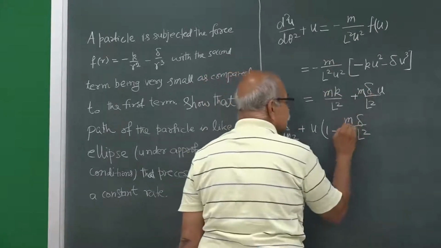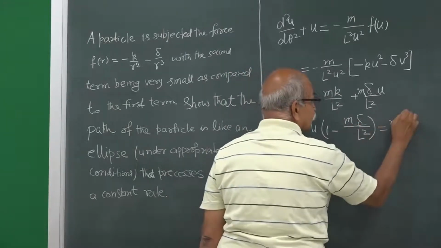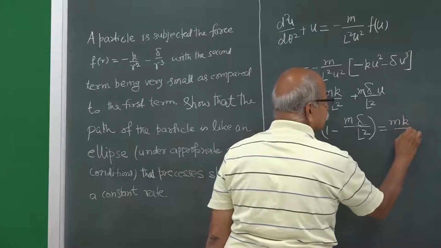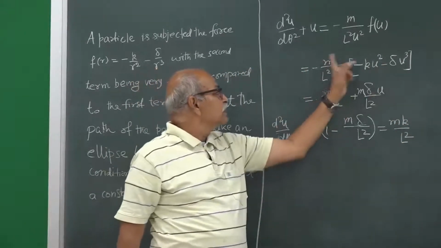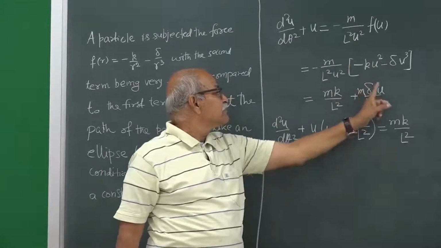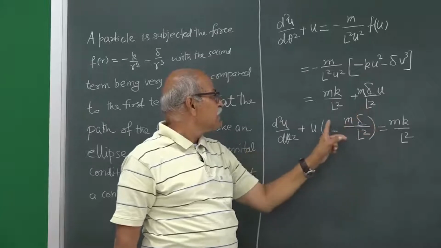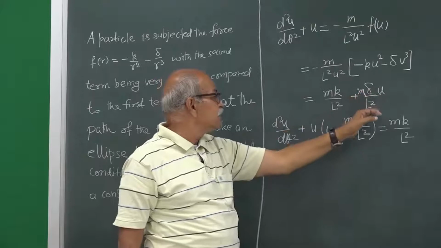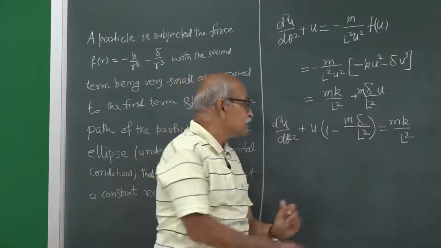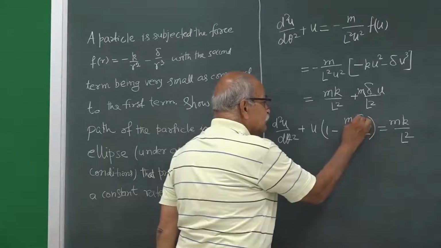So, m here, and this is equal to m k over L square, right. So, if you open this, you will have m times delta and then u and divide by L square, and u taking common, this is 1 here and minus m delta by L square here, and this quantity is here. And remember, this is a small number.